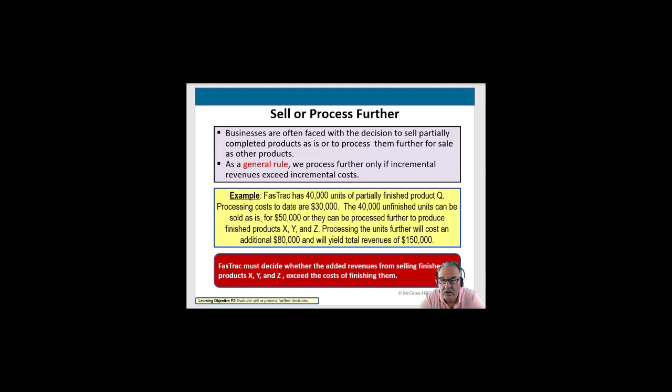Or we could take the apples and process them into apple juice, and there's going to be a cost involved with the machinery to squeeze the juice out of the apples, and then the bottling of the apple juice into bottles and packaging, and then the shipping costs. The incremental cost of selling these apples as apple juice matters: if we're going to make more money, and we want to be in the apple juice business, then we probably should make that decision, or at least start out by doing some and seeing how it goes.